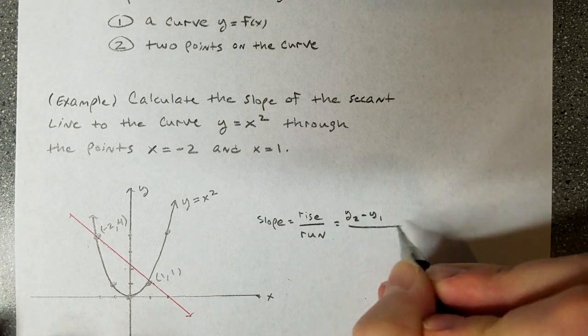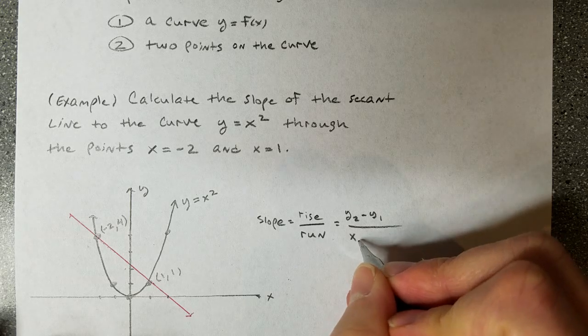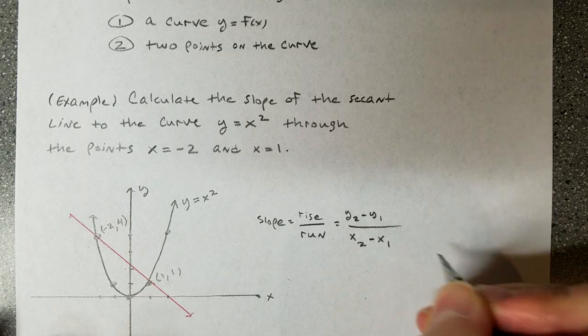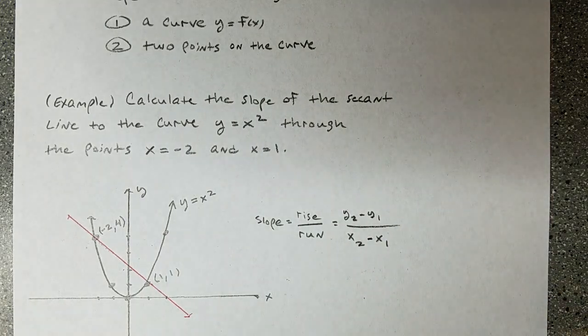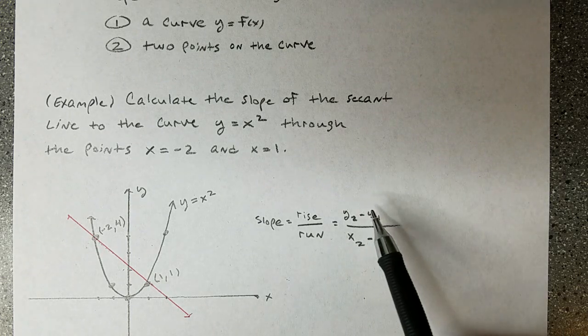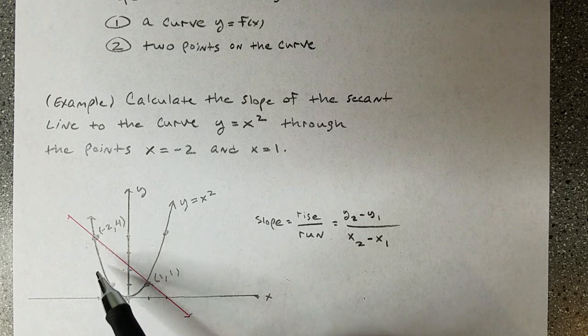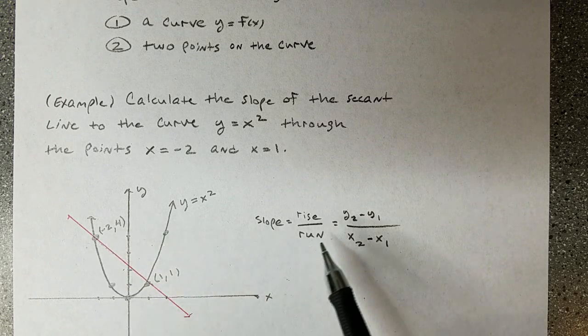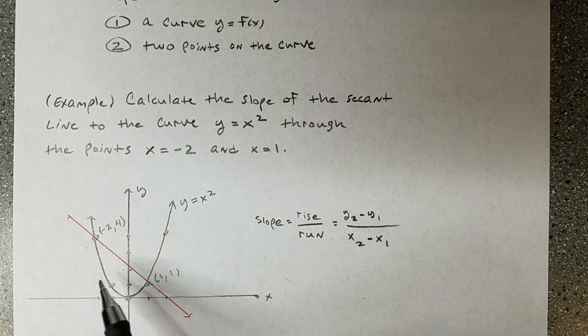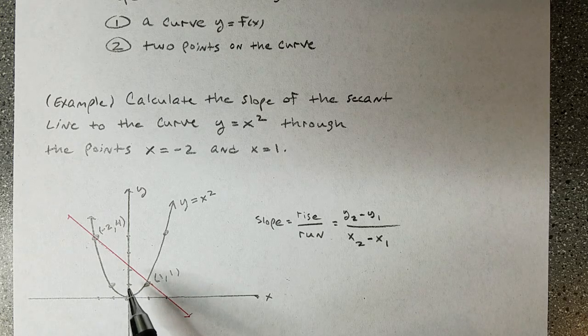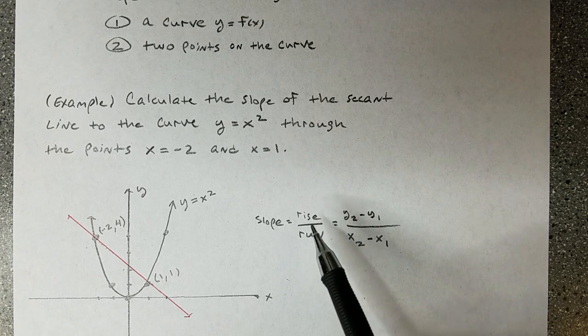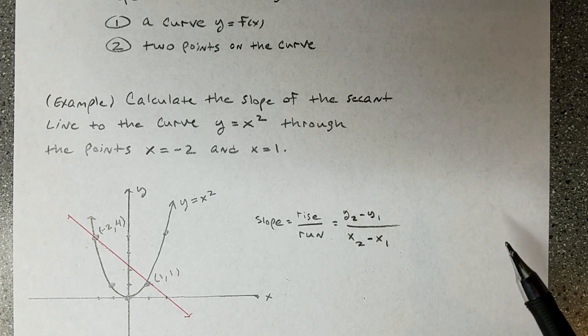I'm sure everybody's seen this one: y2 minus y1 over x2 minus x1. That's rise over run. You subtract the y's, that's the rise, the vertical climb or fall on the line. You subtract the x's, that's the run, the horizontal movement between the two points. You divide them, rise over run. That's what slope means.